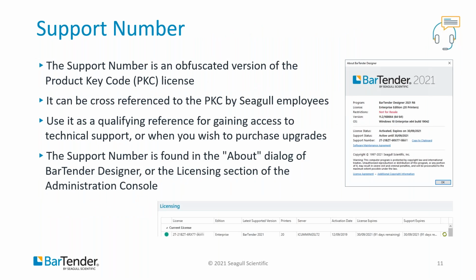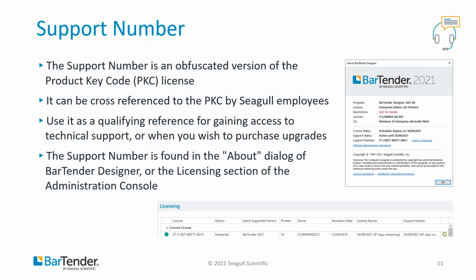Support number. Okay, so we're familiar with what the product key code is, which is the actual license that is purchased. But because a product key code has value, it's not something that we want to be presenting to users in general. Therefore, we have a support number, which is essentially an obfuscated version of the product key code.